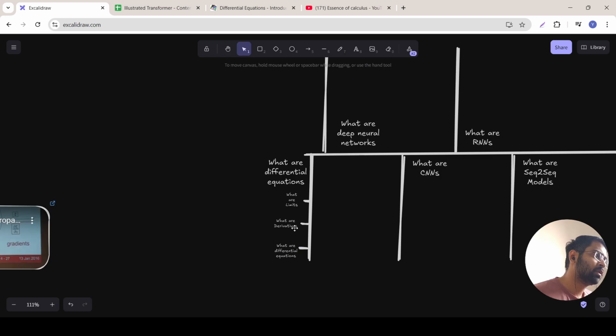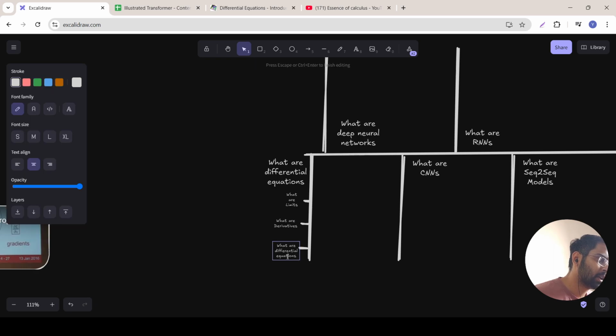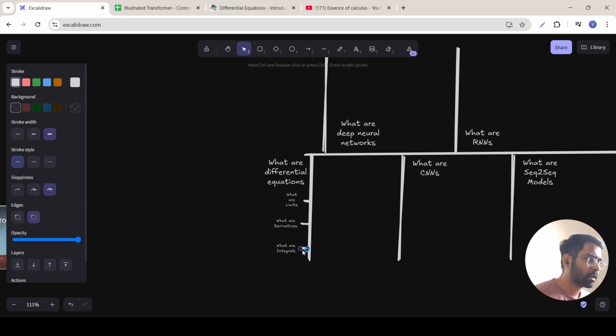Should I go top down or bottom up? Yeah, let's keep it simple. What are integrals? Okay, I'll just extend this and I'll write.